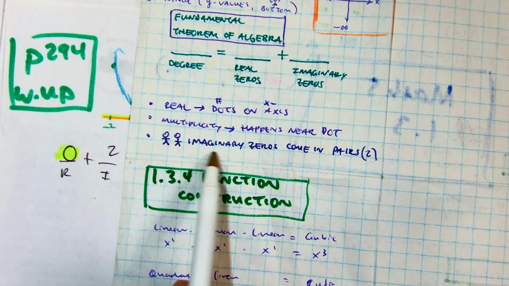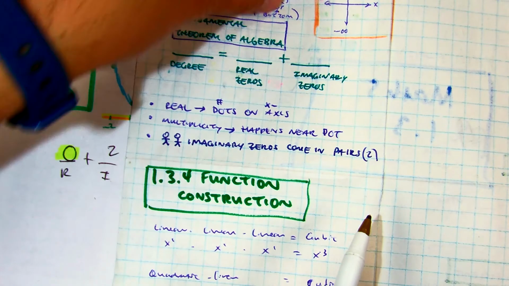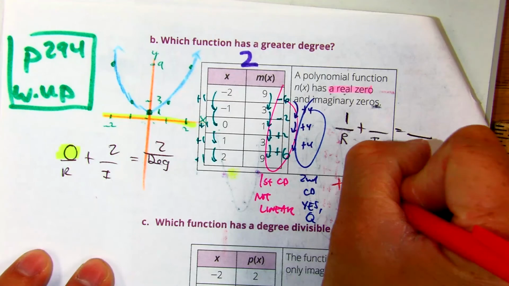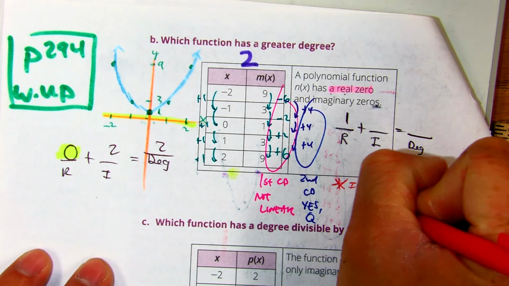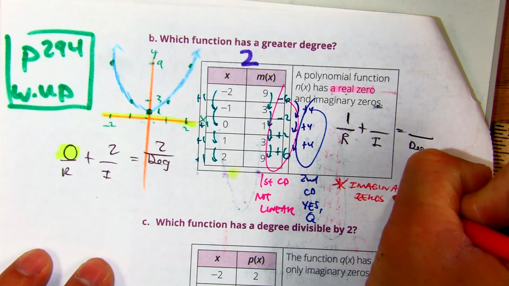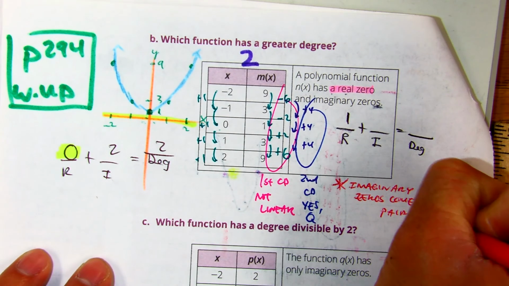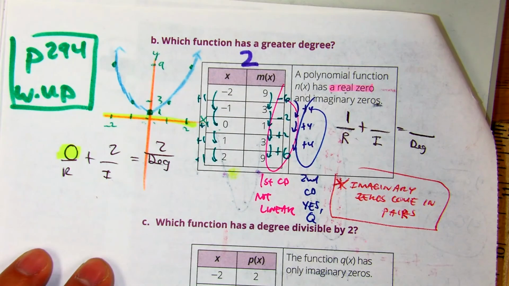Imaginary zeros come in what? Pairs. Let's write that. Imaginary zeros come in pairs. Class, what does pairs mean? 2.